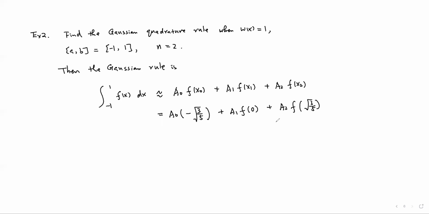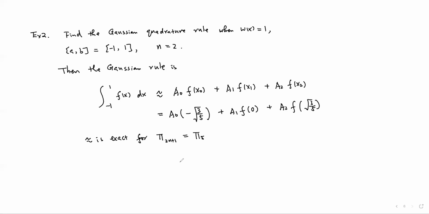You can use the method of undetermined coefficients because this is a Gaussian quadrature. The approximation is exact for all polynomials of degree 2n plus 1. Now n is 2, so 5.